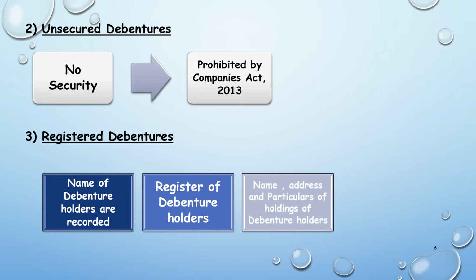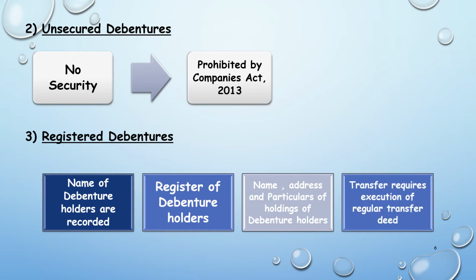This register consists of the name, address and particulars of the holdings of each and every debenture holder in detail. However, transfer of these debentures is a very lengthy and complicated process because it requires execution of a regular transfer deed, which means that a proper procedure is required to be followed for transfer of such debentures.